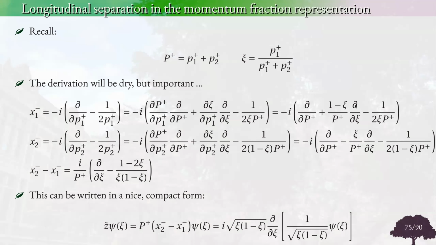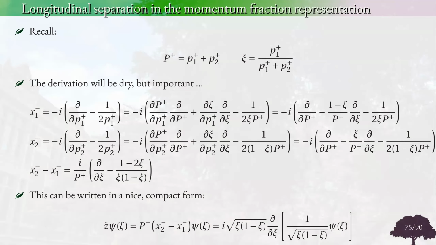And you get these kind of inelegant looking formulas. And when you take the difference, you end up getting rid of the derivative with respect to total p plus. So there's an overall 1 over p plus here, and you have a derivative with respect to xi, with respect to your momentum fraction, and then minus this function of momentum fraction. It's actually possible to show using a few simple calculus tricks that you can rewrite this in a nice compact form by putting a peculiar function inside your derivative.